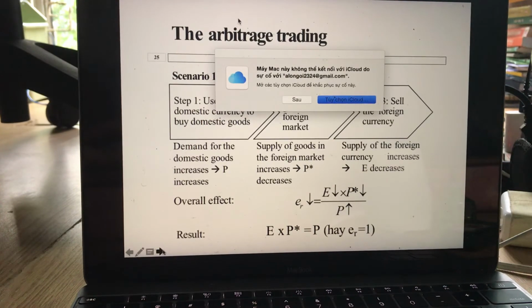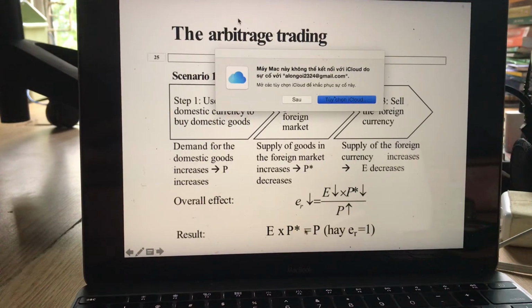So we use arbitrage trading to analyze that when the PPP doesn't hold, an arbitrage opportunity occurs. If the arbitrageur comes into place and makes the transaction, it affects macroeconomic variables, and the arbitrage opportunity continues until the two sides of this equation are equal.